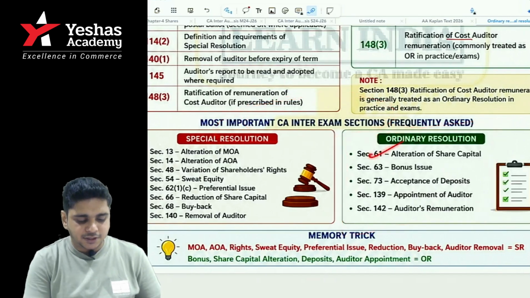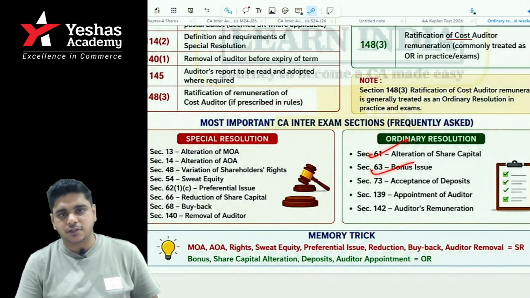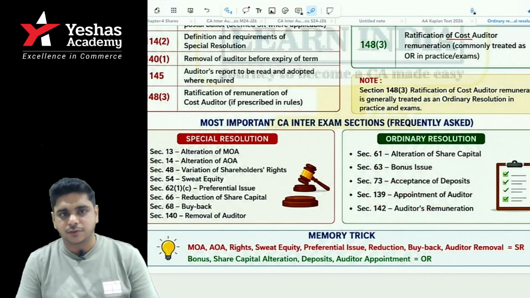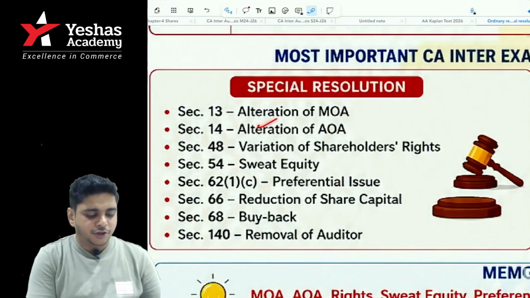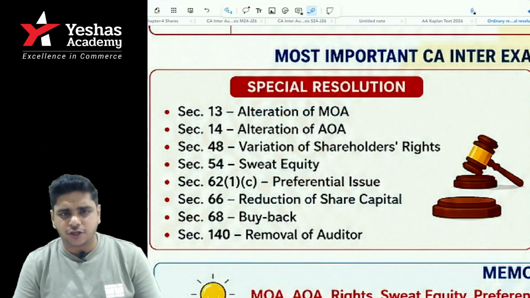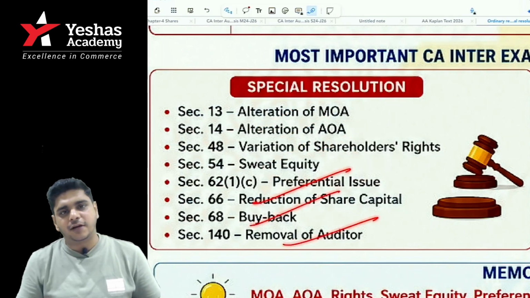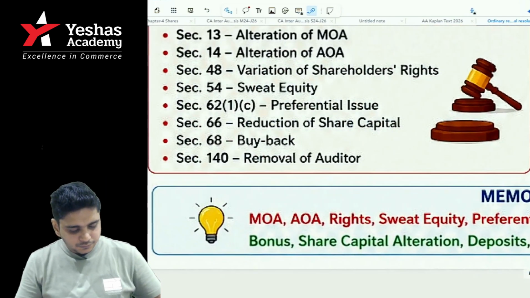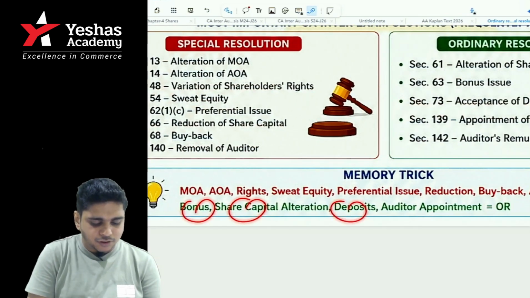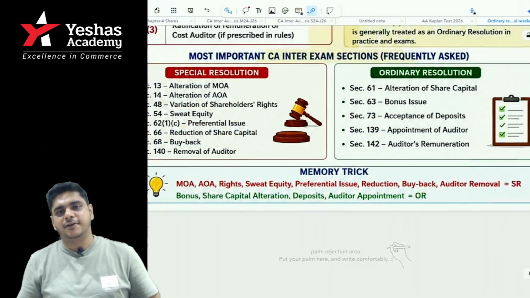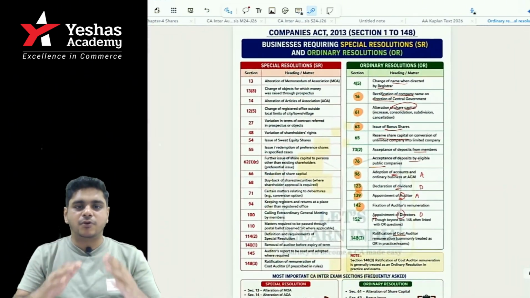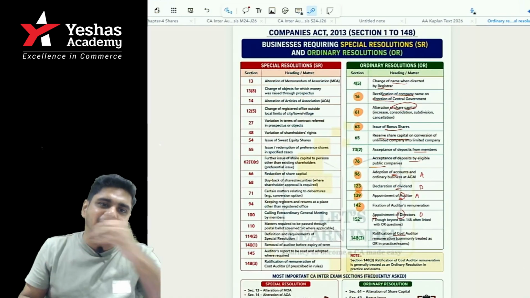Same thing: section 61 alteration of share capital, bonus issue section 63, deposit up to 181C, appointment of auditor, appointment of auditor's remuneration. Then in SR: alteration of articles, variation of shareholders' rights, equity share preferential issue, section 62 rights issue, reduction of share capital, buyback, removal of auditor, everywhere it is SR. So bonus, share capital alteration, deposits, auditor's appointment is OR, rest everything is SR. I have compiled this in a sheet wherein we remember the OR part. Just remember OR, rest everything is SR.